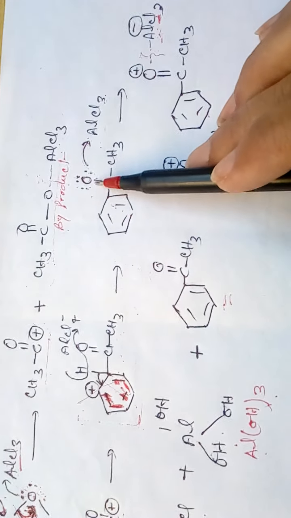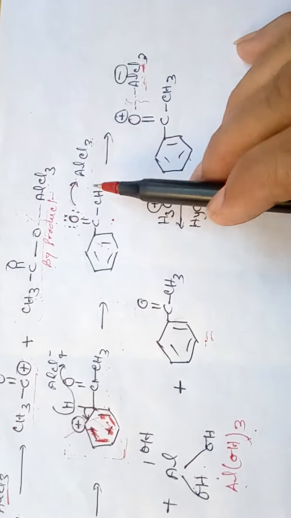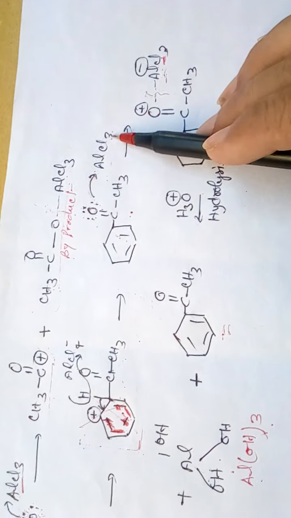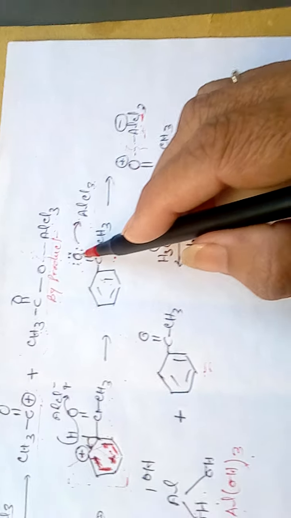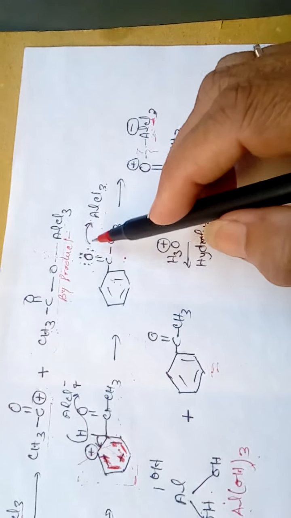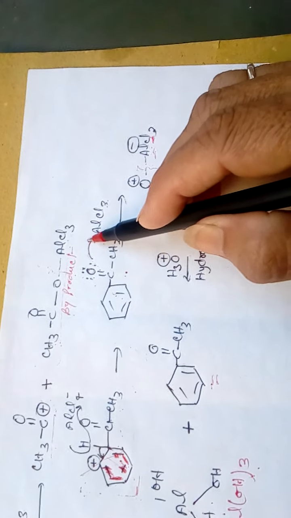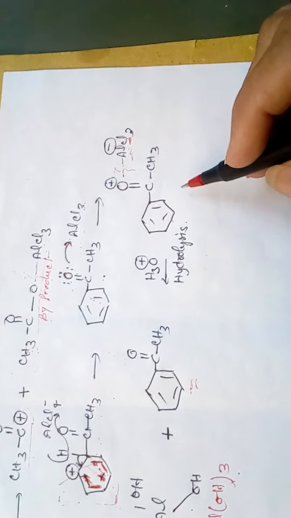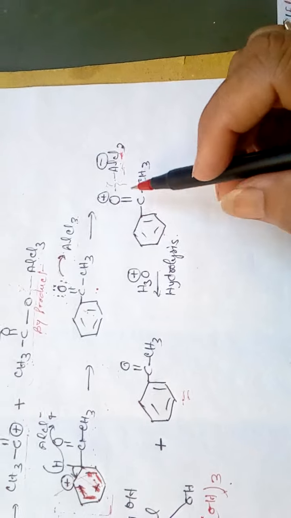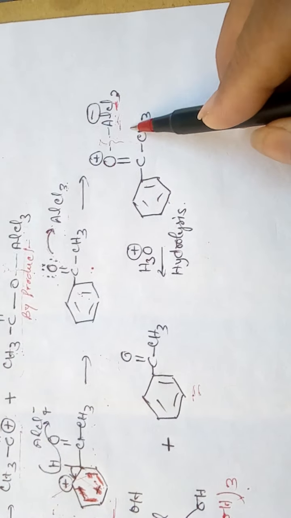When we get the final product acetophenone, then further AlCl3 comes in contact with acetophenone, and takes the lone pair present on the oxygen and forms a salt which is present here.